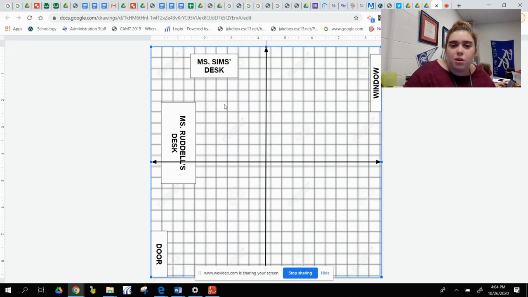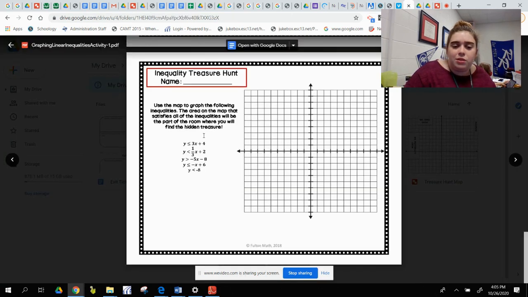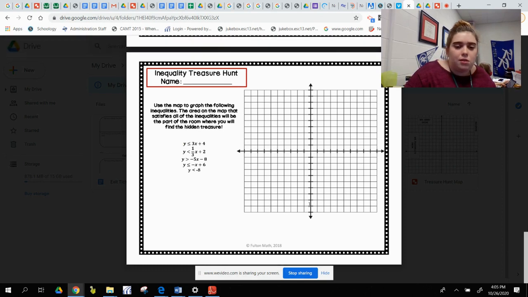So if it was over here in this top left corner, you would say, oh, it's right behind Miss Sims's desk, okay? If it's over here on the bottom left, you would say it's by the door, okay? So use this map, okay? Graph these 5 inequalities and see where on the map the treasure is hidden, okay?